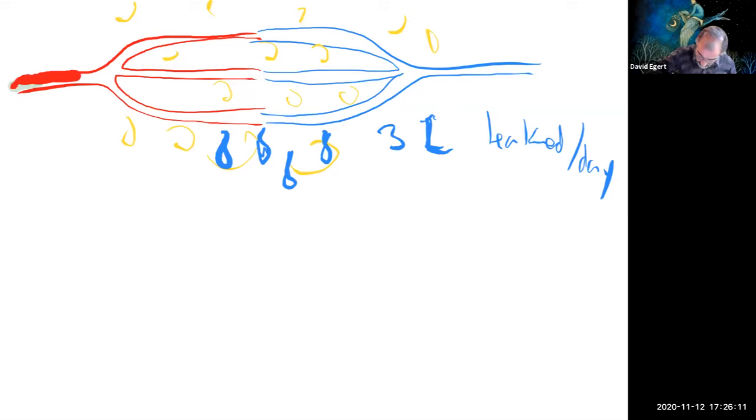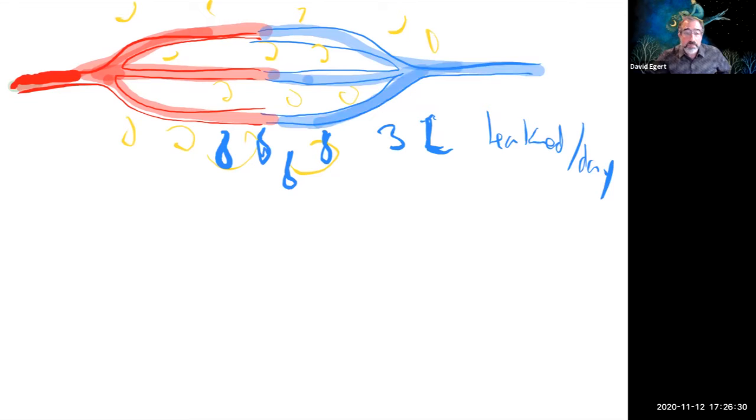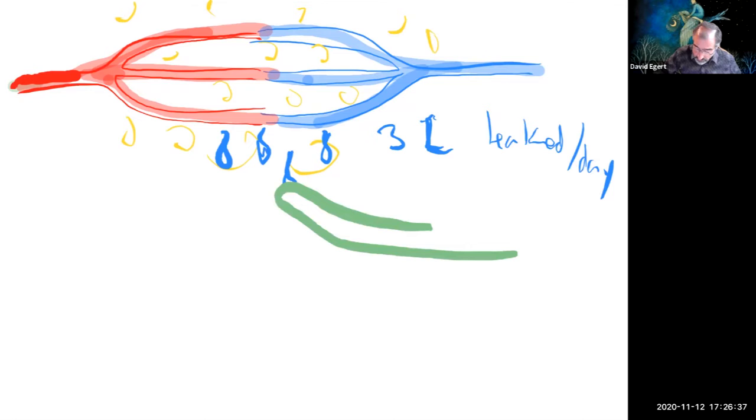you're all used to the fact that oxygenated blood is usually represented as red. Vessels carrying deoxygenated blood are usually represented as blue, even if deoxygenated blood isn't actually quite blue. But lymphatic vessels usually are represented as green.